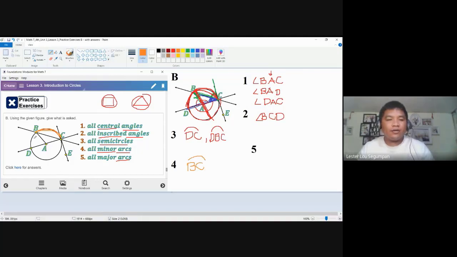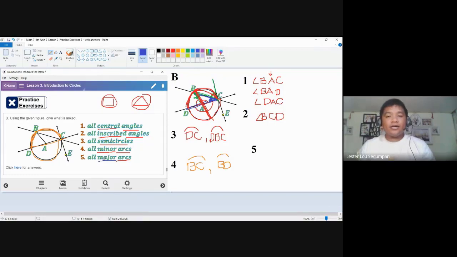And the other minor arc is this. We have here BD or DB. Any of them could do. But if we are going to say arc BDC, it's more than a semicircle. It's not anymore a minor arc, but it's what number five is concerned with, the major arc.